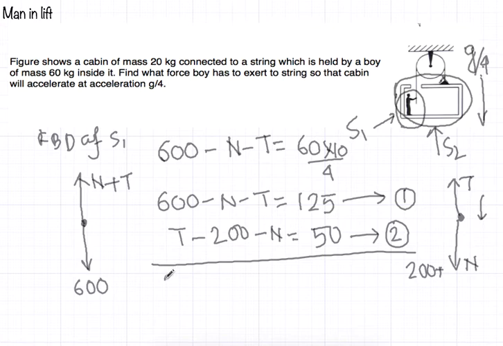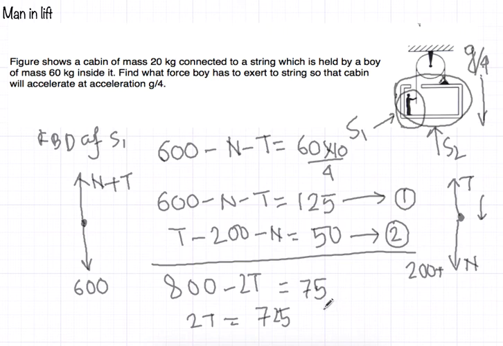So this is 800 minus T minus 2T equal to how much? 125 minus 50, that is 75. Okay, so 2T is coming out to be 800 minus 75, that is 725.